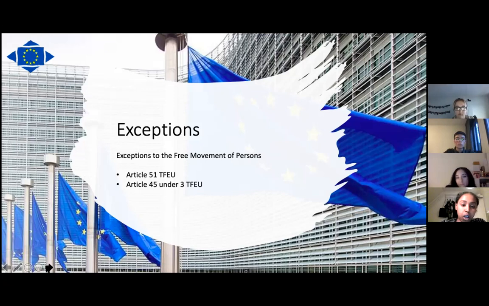The Court of Justice also accepts restrictions on the free movement of persons based on public security, public policy, or public health. And this can be found in Article 45(3) TFEU. And the last exception is that the measure does not go beyond what is necessary to attain the objective pursued.